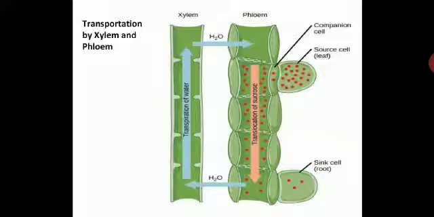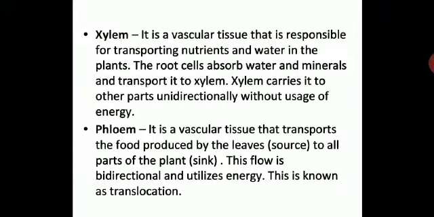You can see this diagram which you have already drawn, and this has two directions, bidirectional, whereas in xylem, the transportation of water, you can see over here, it is unidirectional, that means in one direction. Please draw this diagram children. I hope this concept is clear. Please take this down in your notebook children. I hope you will have taken it down.